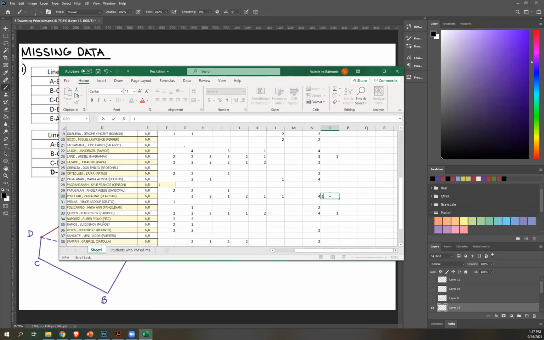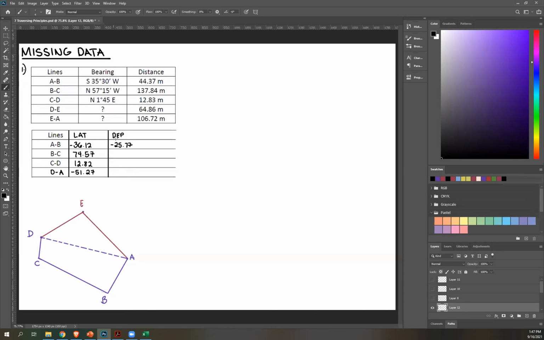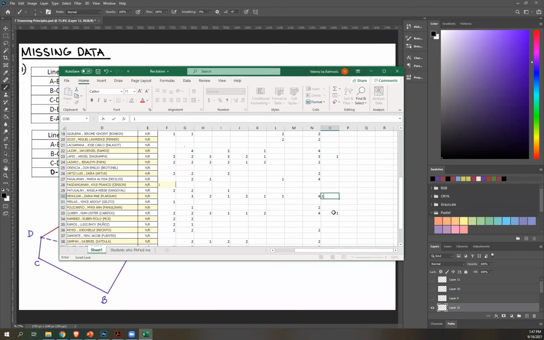So once again, store all those values in your calculator in the meantime. We're going to use it later. So negative 115.93. How about CD? Correct.